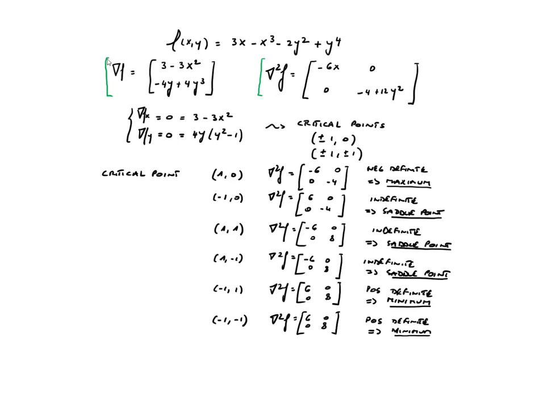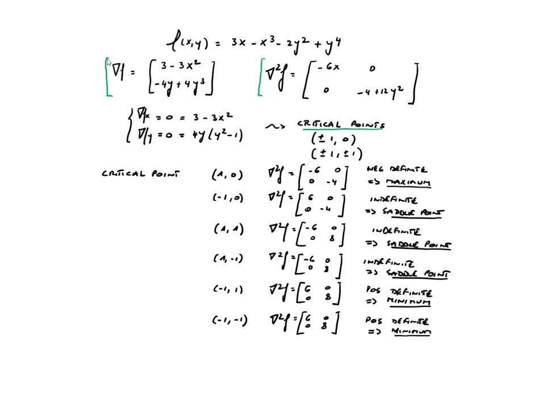Here we have two solutions, plus minus 1. Here we have three solutions, plus minus 1 and 0, and this yields 6 critical points because we can combine the plus minus 1 for x with the three solutions of this equation, 0 and plus minus 1.